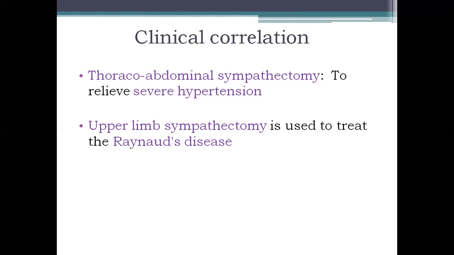The pupil becomes smaller and there is ptosis, which is drooping of the upper eyelid, and there is also anhidrosis, which is absence of sweat on the face. When the stellate ganglion is injured, the same side is affected. If the right stellate ganglion is injured, the right side of the face will have all the features of Horner syndrome.